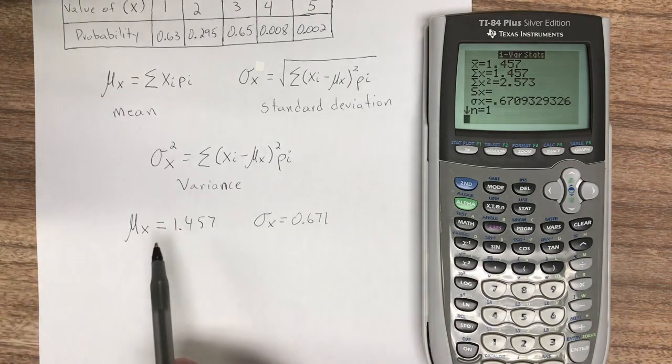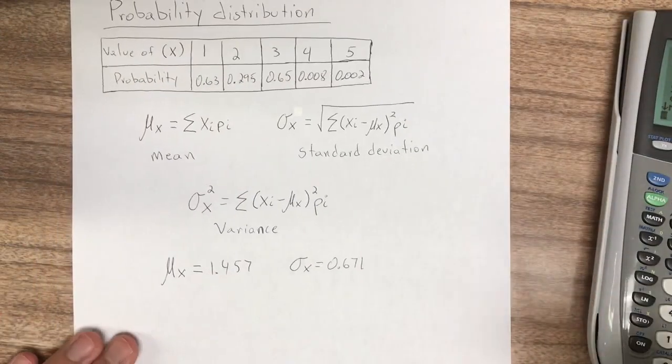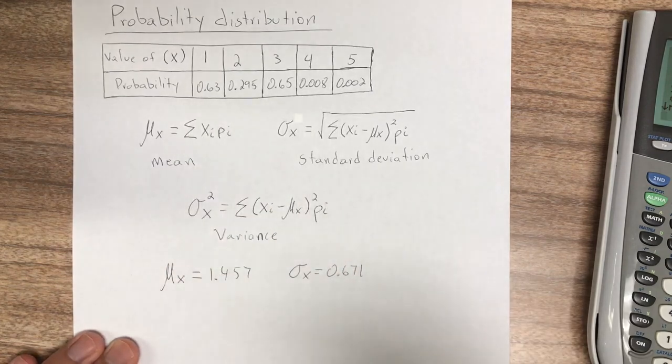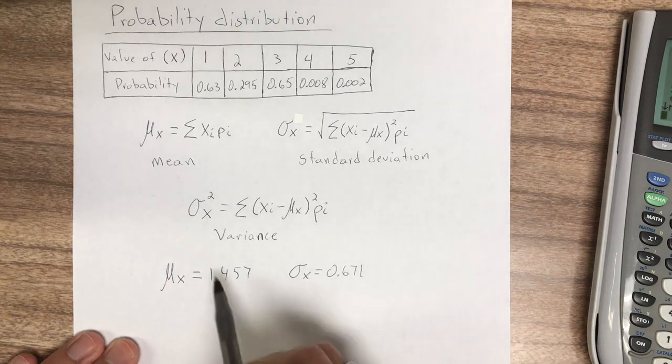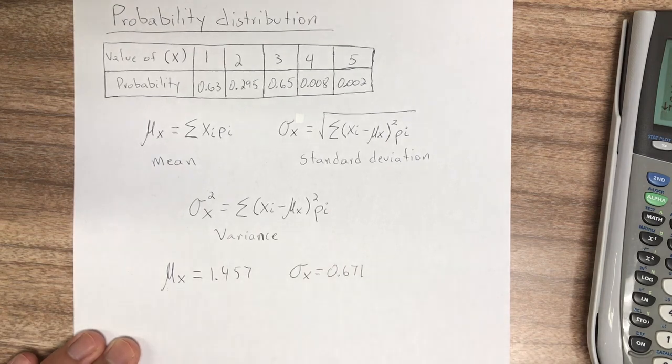So we can say that if we choose a random number or a random variable from this probability distribution, we are expecting the average or the mean is going to be about 1.457. So that's going to be your center of the distribution, the mean, which is the expected value.